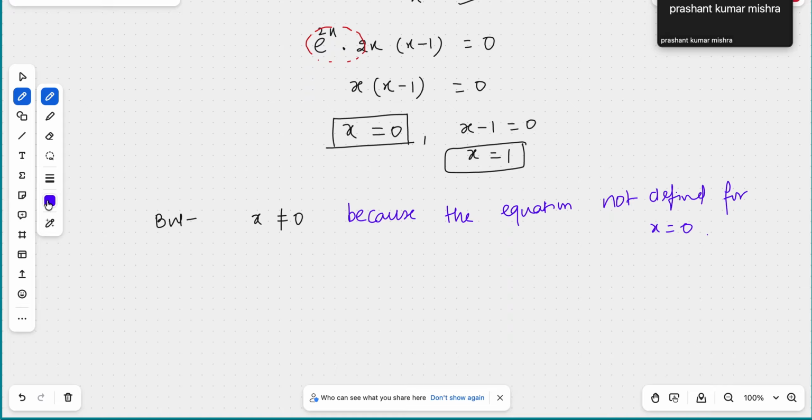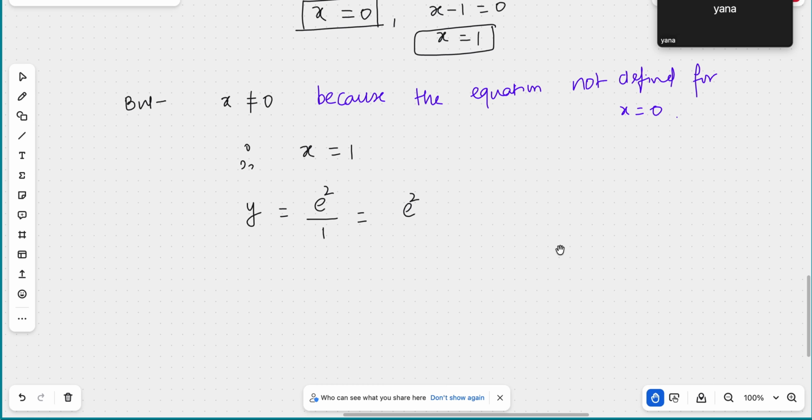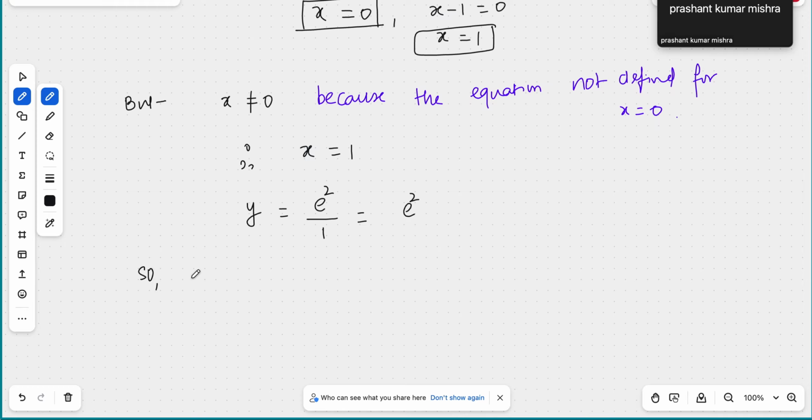So therefore we'll be using x equals 1. So y will be e raised to 2 times 1, so it is e square. Now therefore the stationary point we got is 1 comma e square. The x coordinate is 1 and the y coordinate is e square.